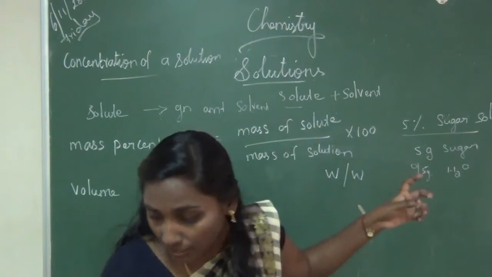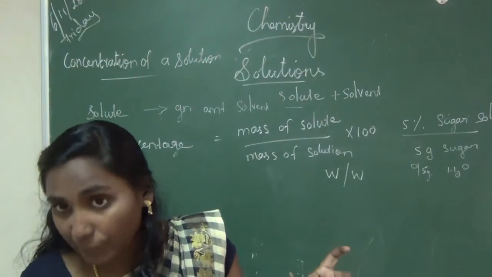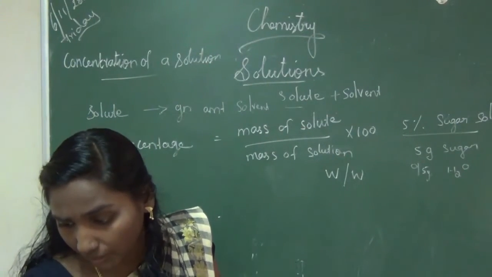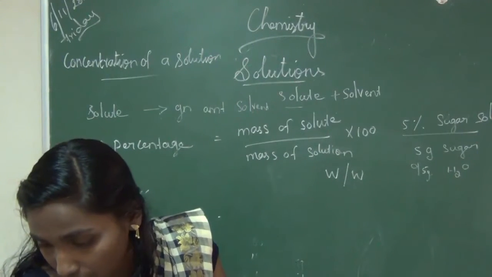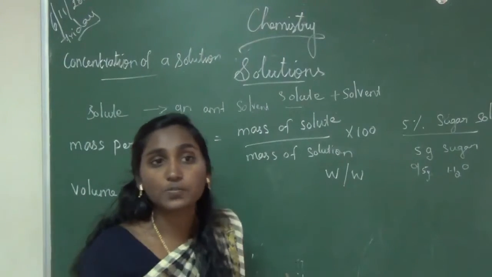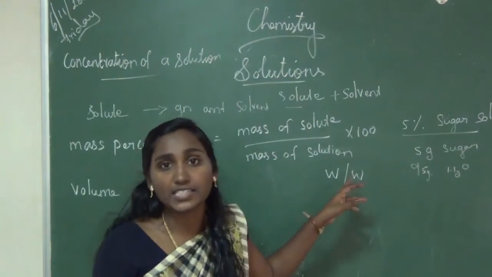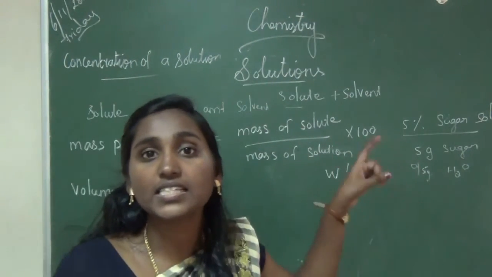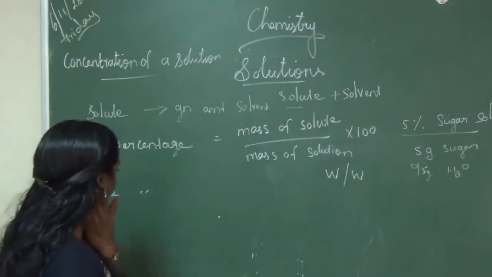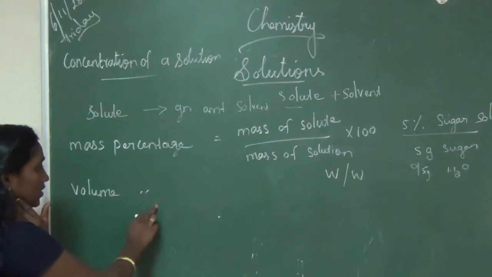Okay, underline it. This is page number 129, right side, second paragraph: usually mass percentage is expressed in W by W, that is weight. Mass percentage is independent of temperature. So underline it.